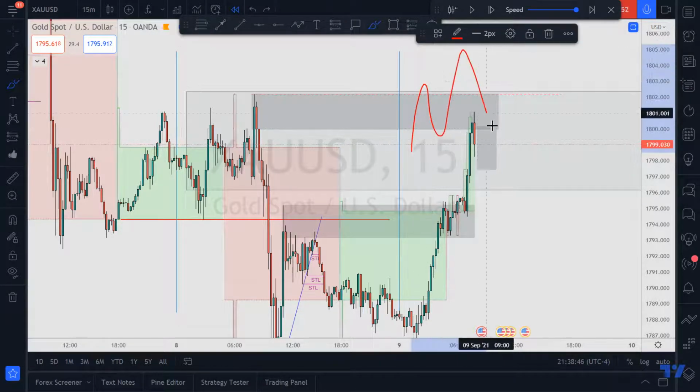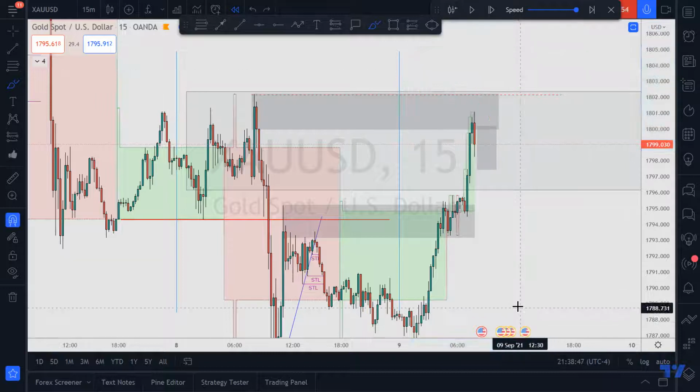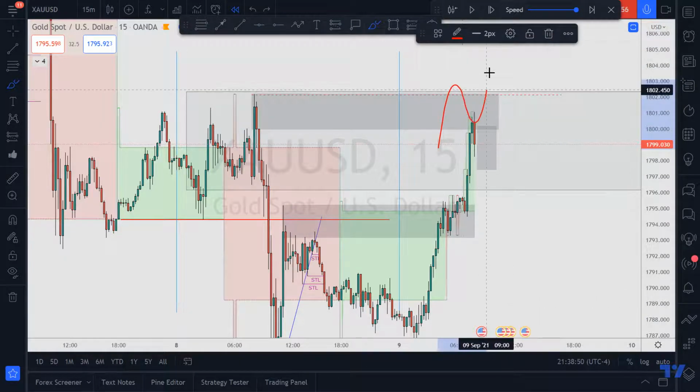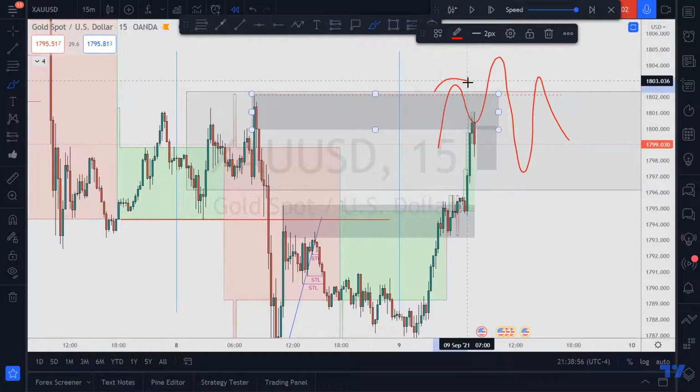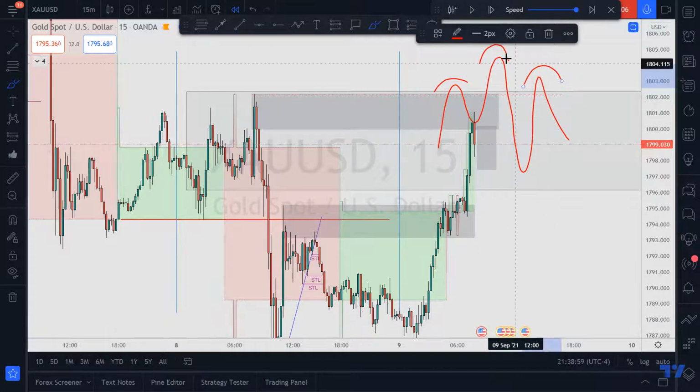Head and shoulders or Quasimodo. What do they both highlight? A shoulder, a head, and another shoulder. Usually, this is where I'll enter because this is usually responding to an order block here.